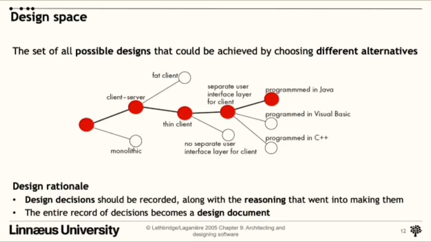Okay, you must clearly list all the possibilities, make a choice according to some criteria, and then explain and record why you made this specific choice. And then the entire record of decisions becomes your design document.